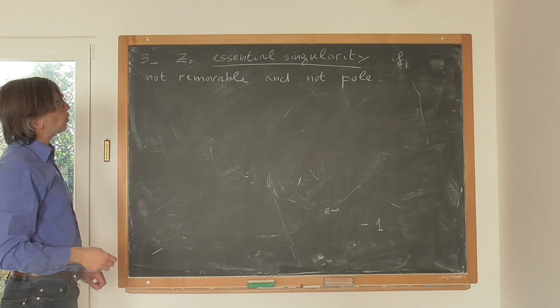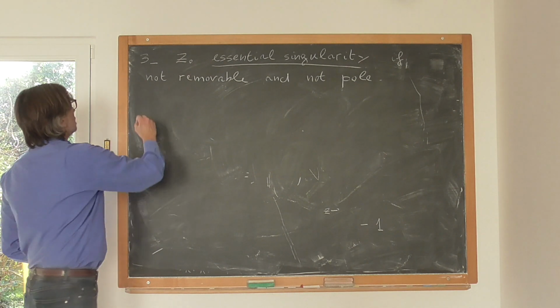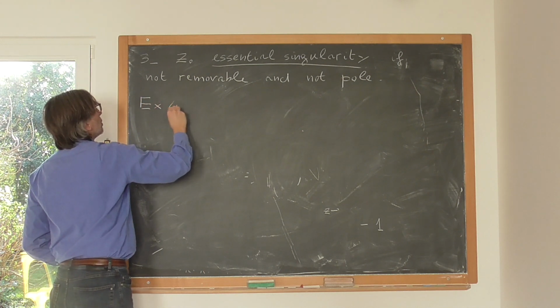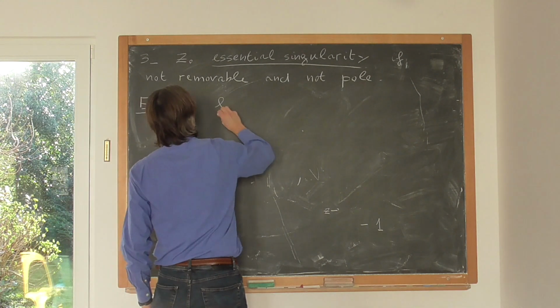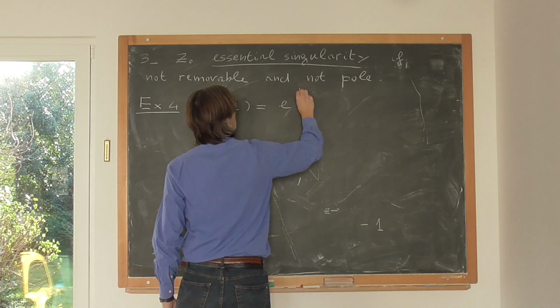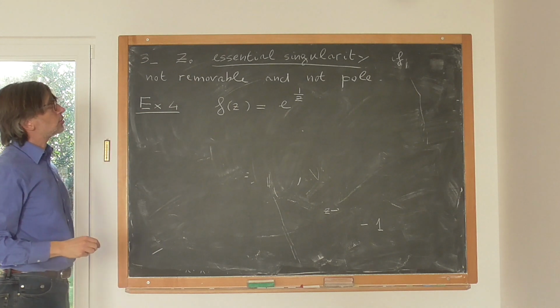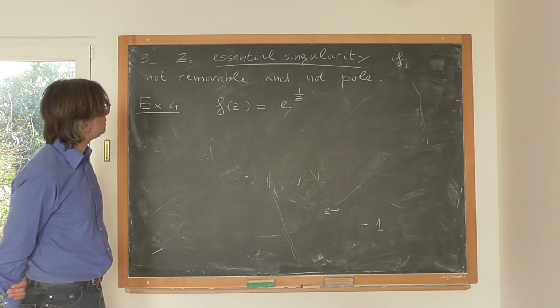So we'll see shortly something about the nature of these singularities. Now let's see an example. Example 4. We consider here the function f of z equals e to the power 1 over z, so the exponential function, but applied to 1 over z.